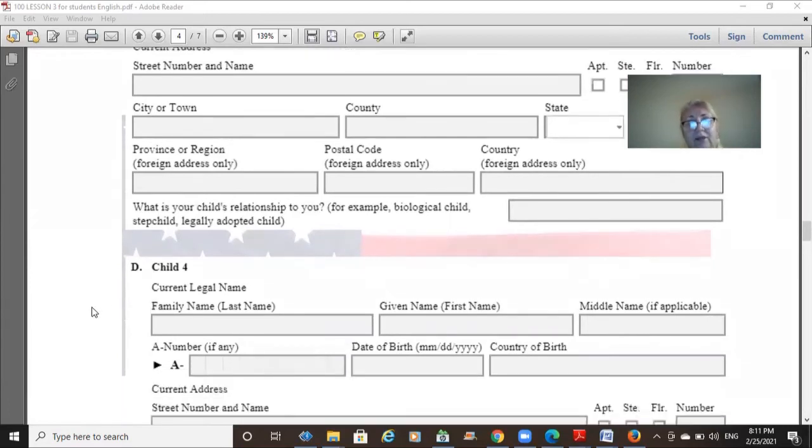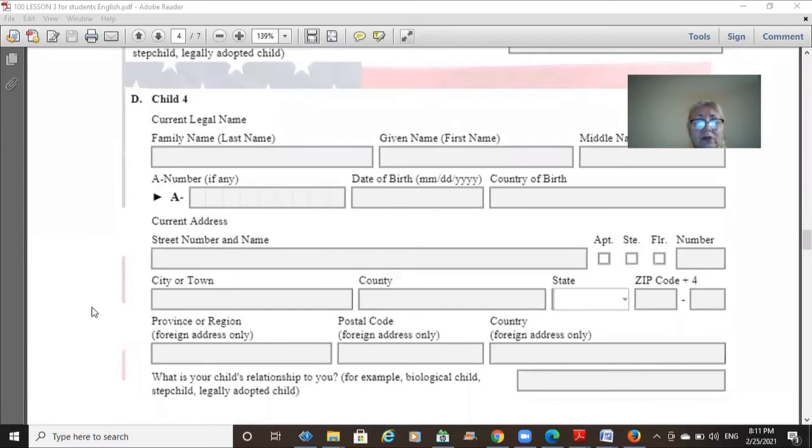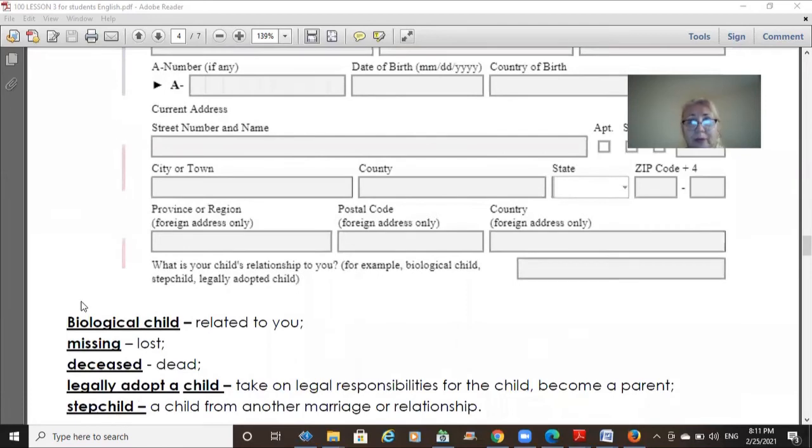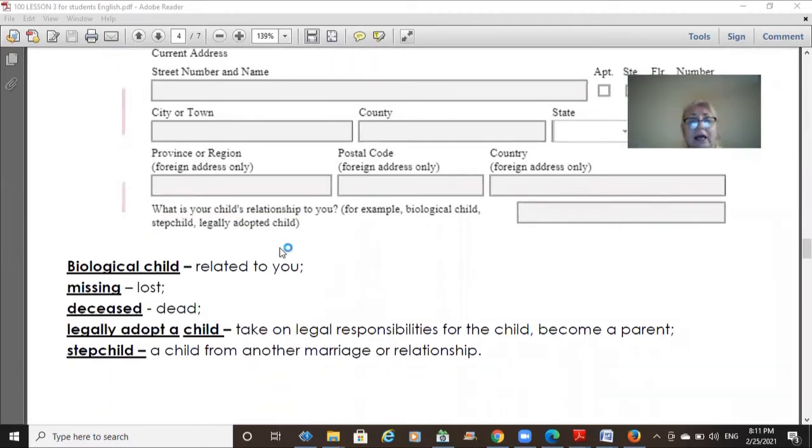Once again, in the N400 form, you can provide information only about 4 children. If you have more, you will have to provide their information on an additional piece of paper. The words that I highlighted in green, and I want you to know for this part, I placed below the picture of the part. You do not need to memorize the meanings or definitions of these words, but please definitely get familiar with what's a biological child.